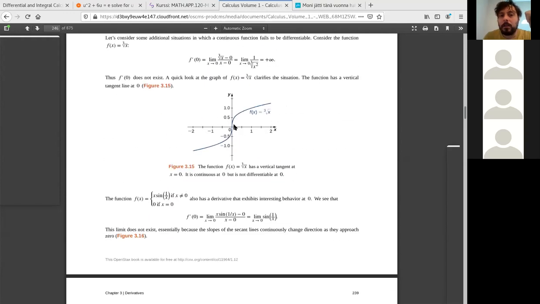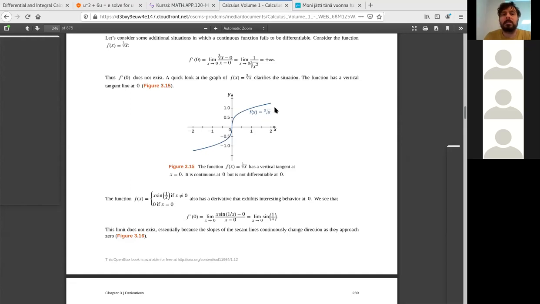Here, we do get a kind of similar behavior from both sides. The problem is it tends to go to infinity. So if we find this limit here, it becomes an infinite limit. It goes towards infinity as x goes to 0.